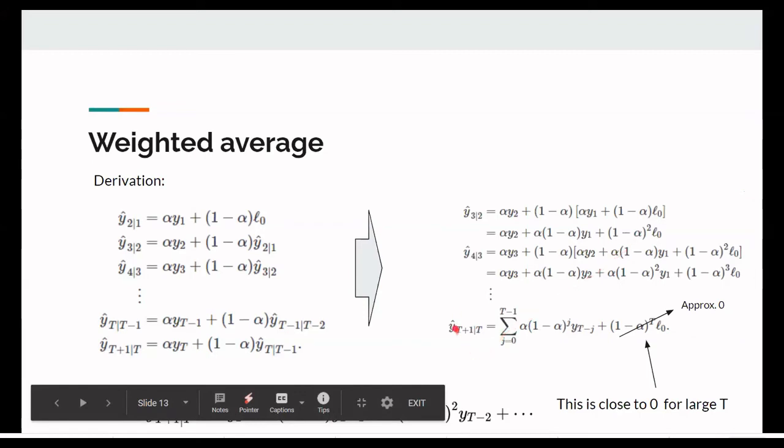It's just y forecast at time t plus 1, you just need to use this: alpha times 1 minus alpha raised to j, y t minus j, j starting from 0. So it means that you have to use the previous data until the first data. Okay?